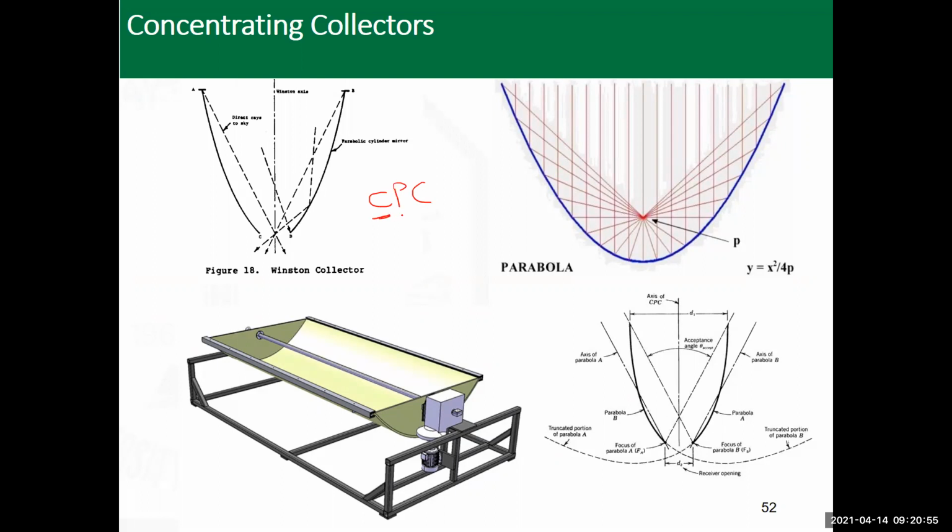CPC, compound parabolic collector. The compound parabolic collector is going to have some sort of a parabolic shape like this, another parabolic shape like this, and you put your receiver somewhere here. So you are making a part of the parabolic shape here in this collector, and you are going to make your system as you can see it here.